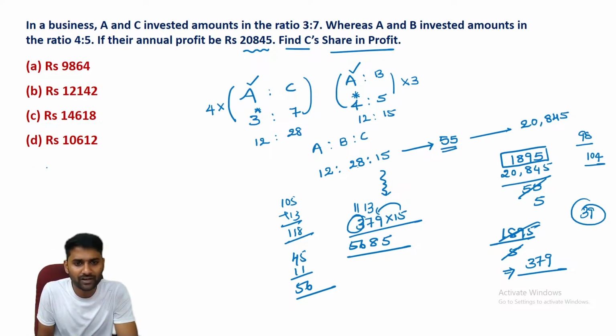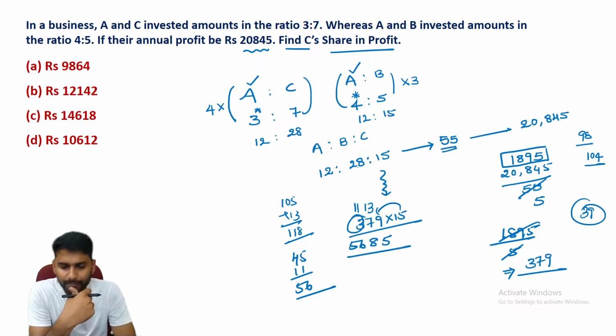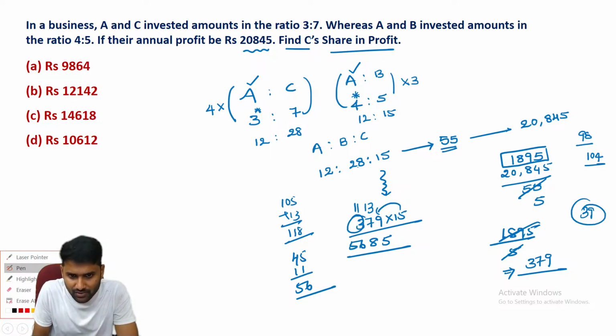So C's profit is exactly equal to 5,685. Is it clear? This is all about C.